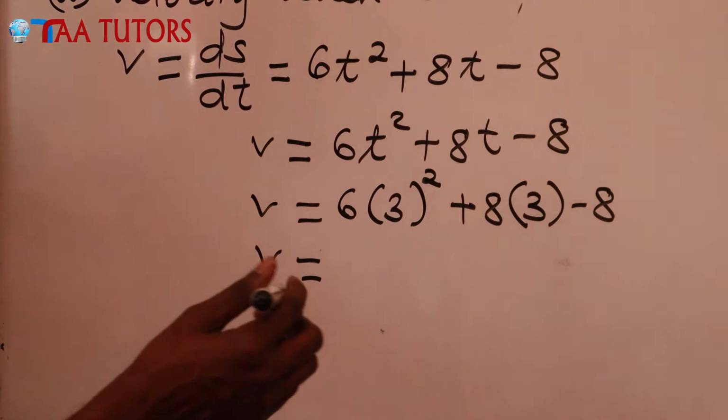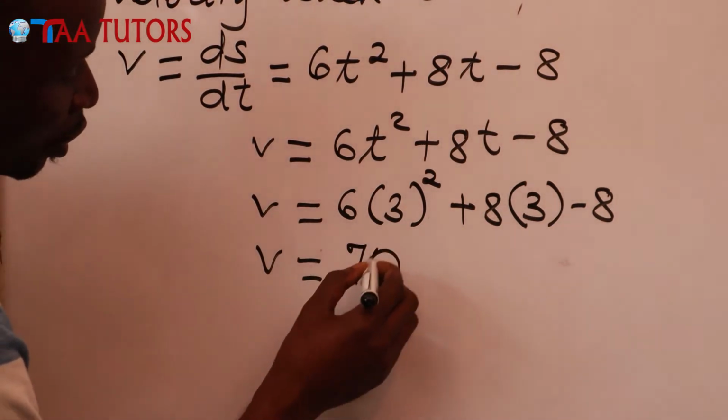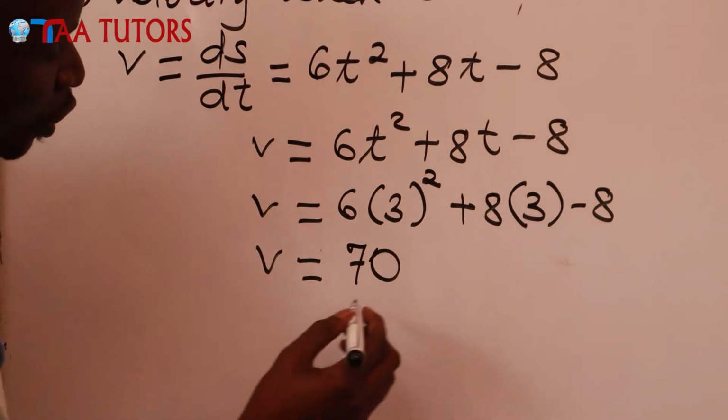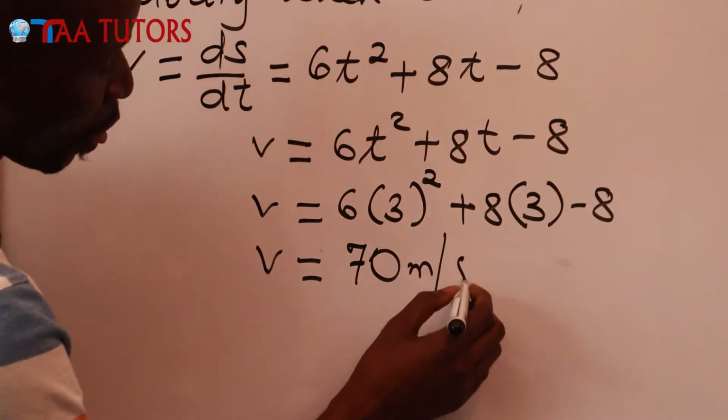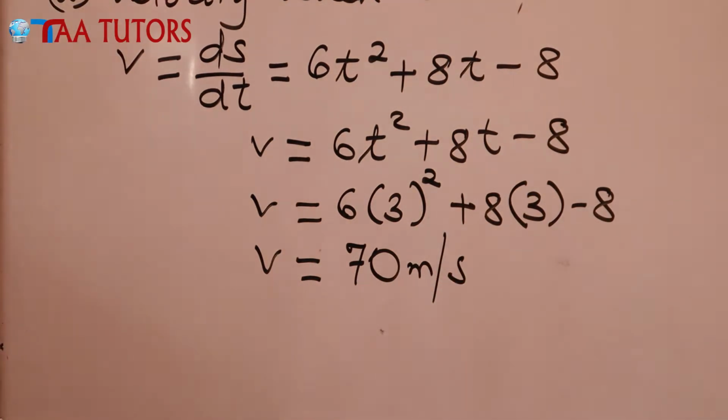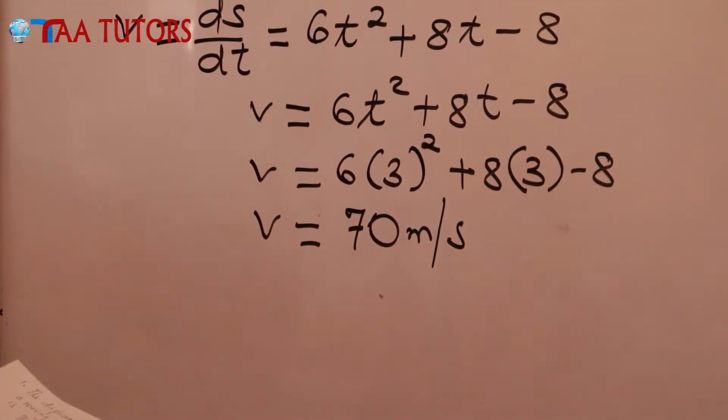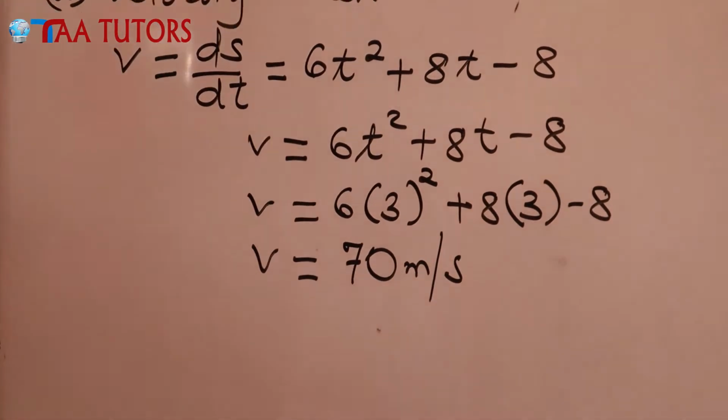That is giving us 70. So we know that now velocity is 70 meters per second. So the velocity at t equals 3 is 70 meters per second.